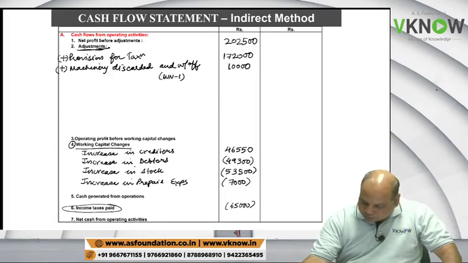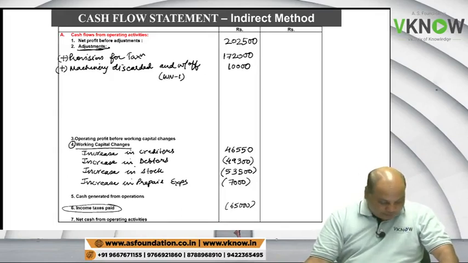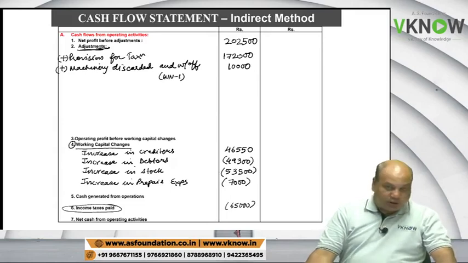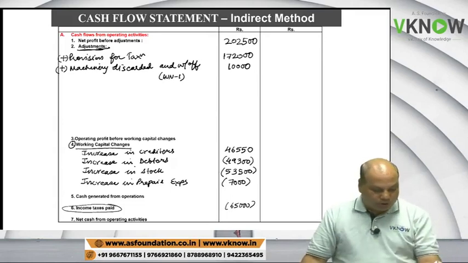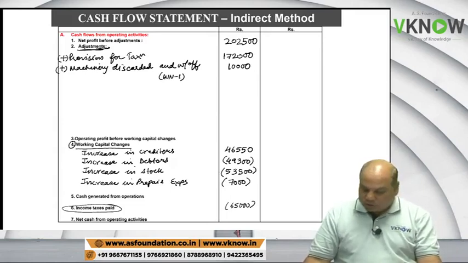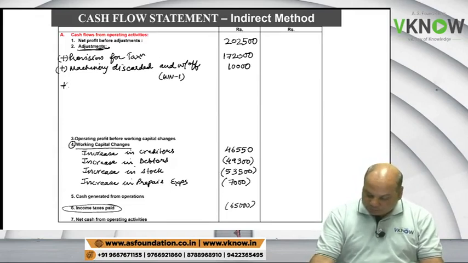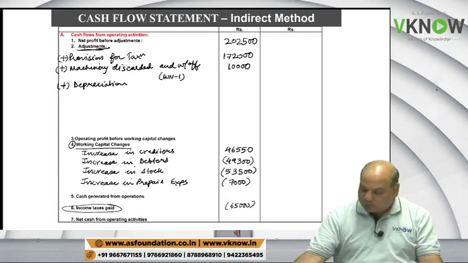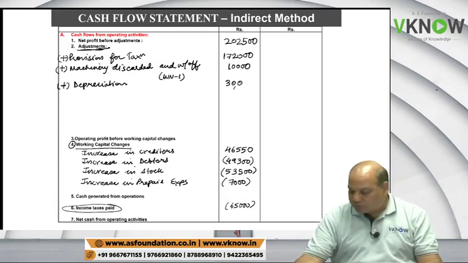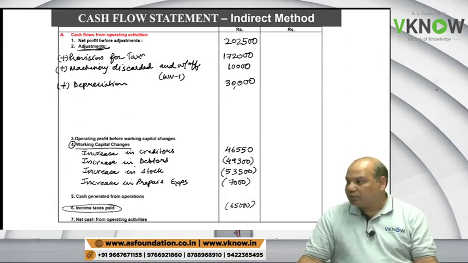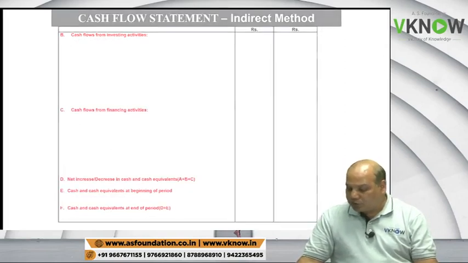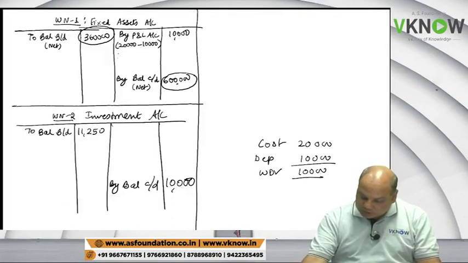Next line, depreciation for the year. Depreciation for the year amounted to 30,000. Add back depreciation, 30,000. And depreciation we are going to write in fixed asset account, by depreciation 30,000.